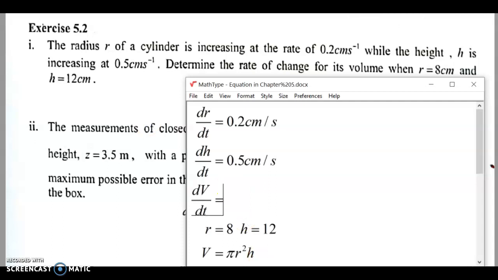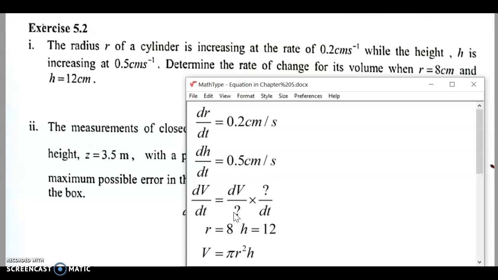So if we are using the idea of chain rule that we have learned before in differentiation, we know that to find dV over dt, we will need to look for dV over something, right, times something over dt, hence we get dV over dt. To look at this something, we'll need to look at the available information. As for this, that is in our previous topics, right?